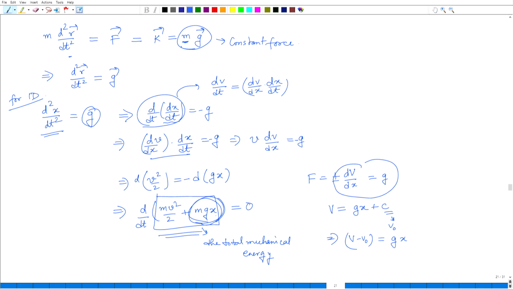That is why the total energy, which is the sum of the kinetic energy and the potential energy, remains constant during the motion, and potential energy is nothing but mg times the distance covered by a particle falling under the earth's gravity.